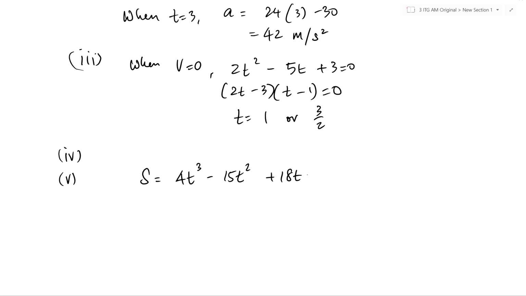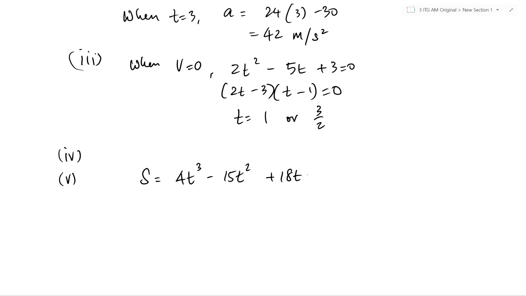The question says the distance from O when time equals to 2. If I sub inside and the displacement is positive, that would be the distance. But if my displacement is negative, is that my answer? Just change to positive. You take the modulus, then you get the distance.